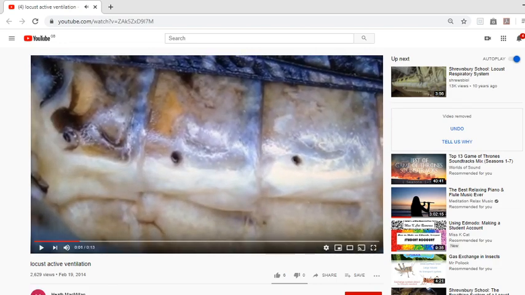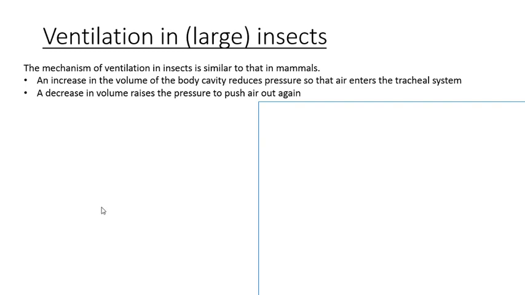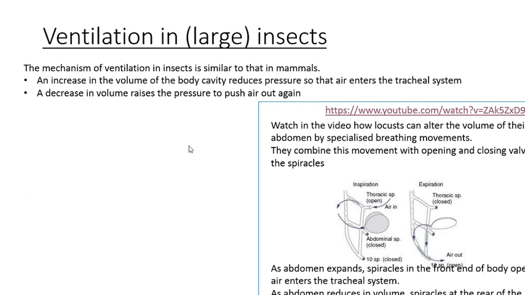Pause. So let's go back here. So they're changing the volume of their abdomen. It literally looks like we breathe with our ribs moving up and down, doesn't it? So think, when the abdomen expands, that's like when we breathe in and the rib cage expands. What they're doing is they're increasing the volume of the abdomen.